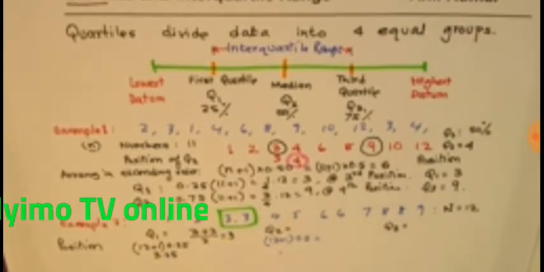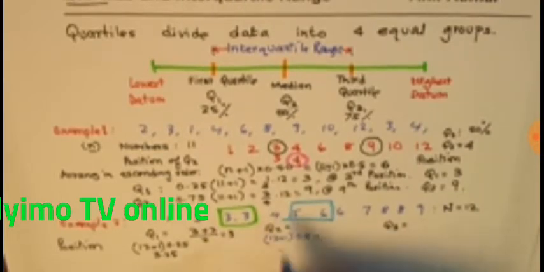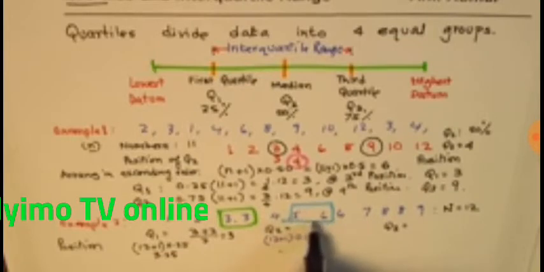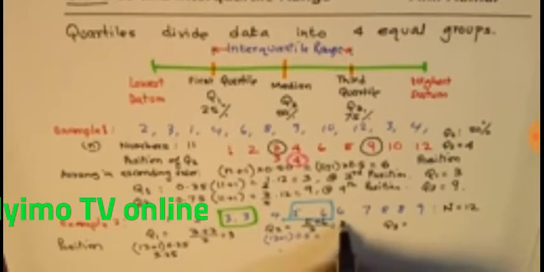So it is between these two positions. Do you see that? And the average of these two gives us Q2, which is 5 plus 6 divided by 2, or 5.5.